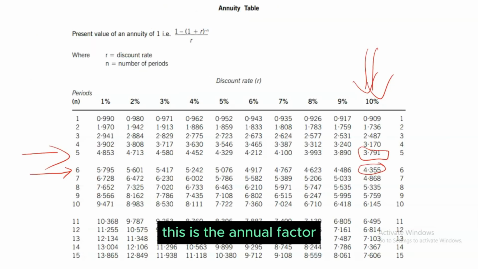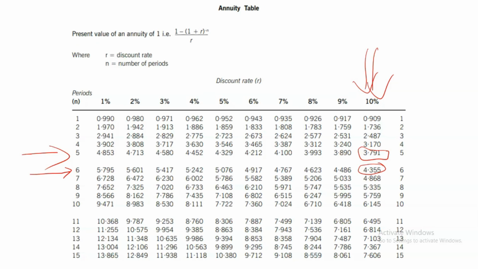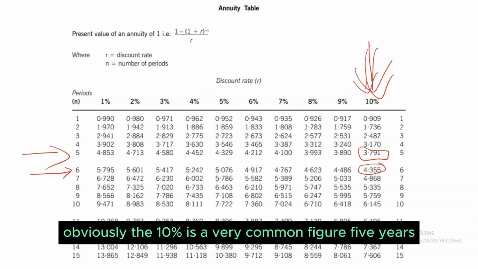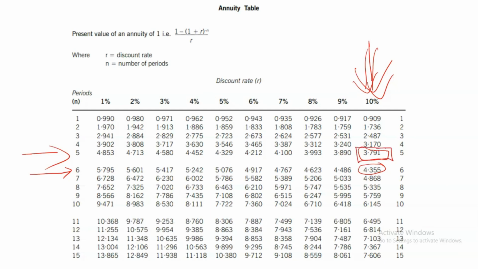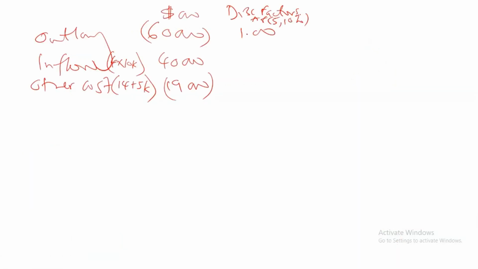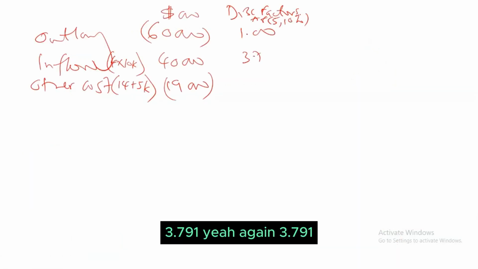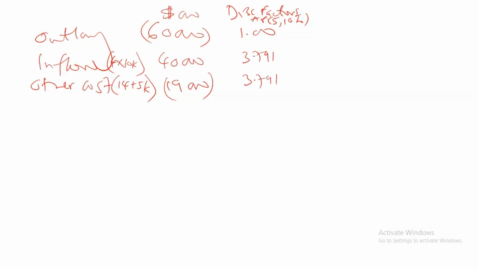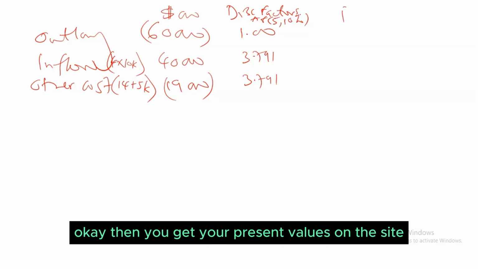Yes, this is the annuity factor, 10%. Obviously, the 10% is a very common figure, 5 years. So that's 3.791. Here again, 3.791. Okay, then you get your present values on the side.